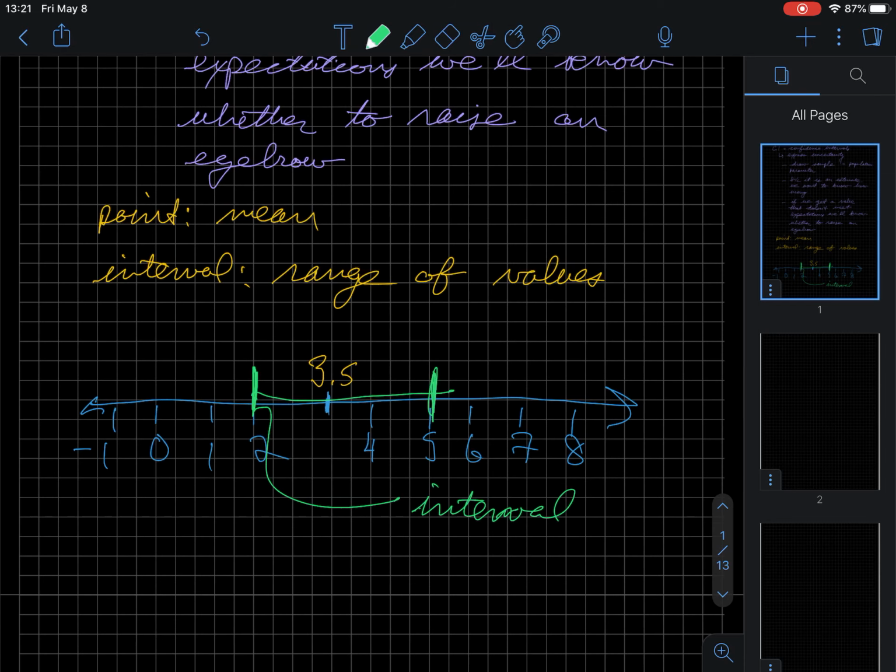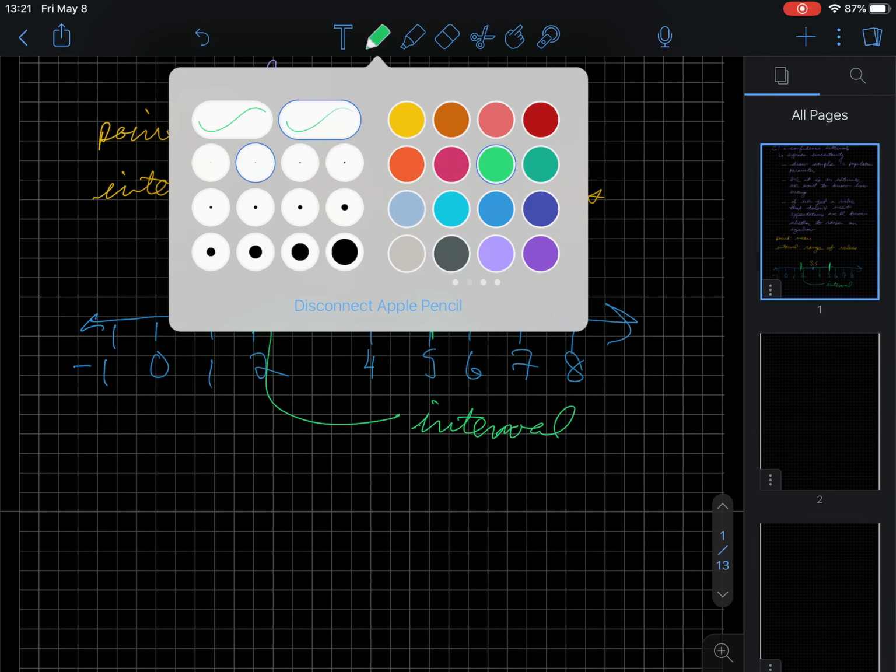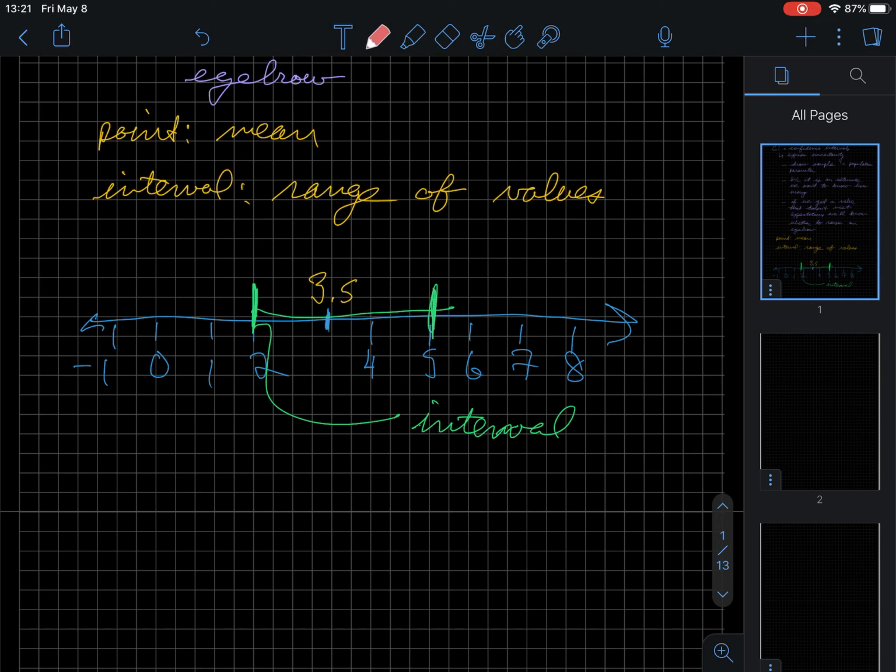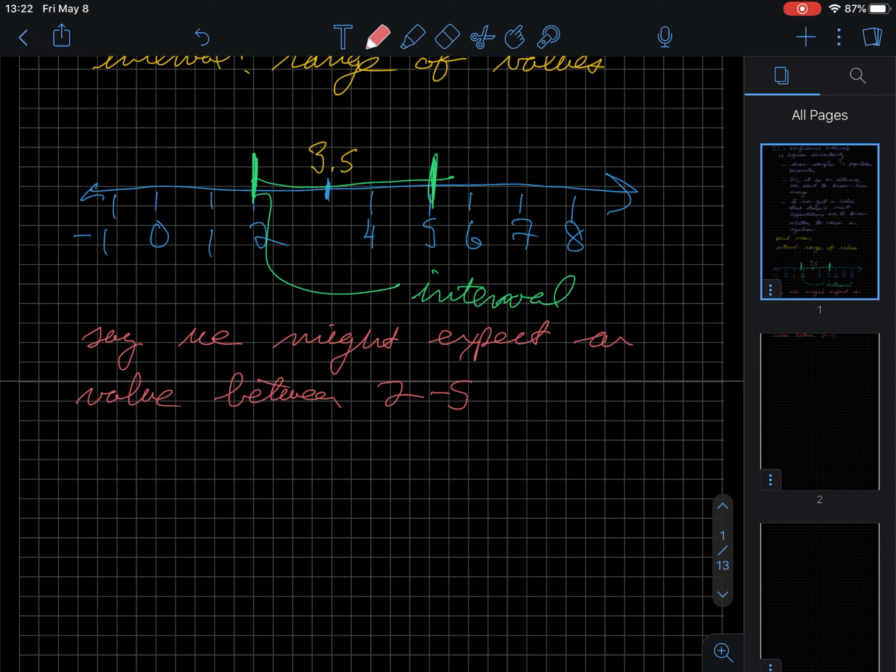And so what this in effect does for us is say we might expect a value between 2 and 5. That's more or less what we're doing.